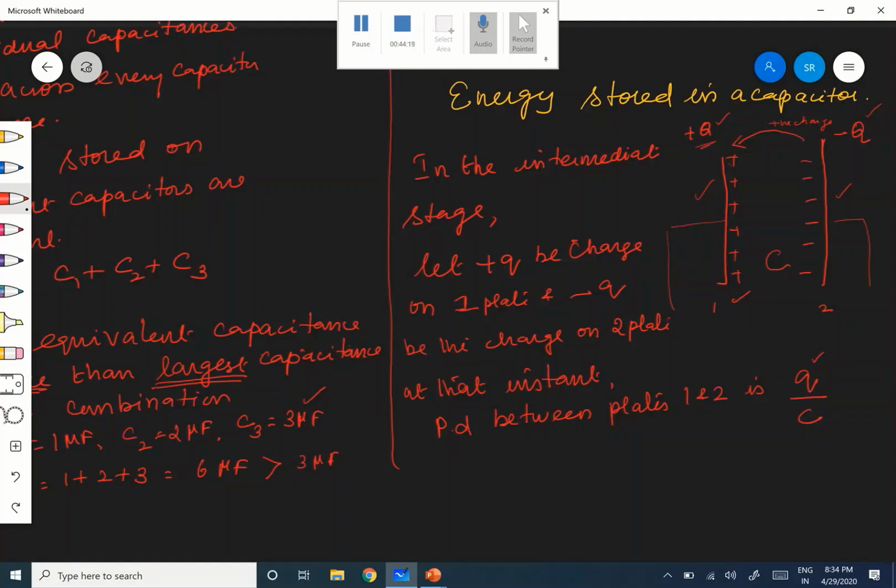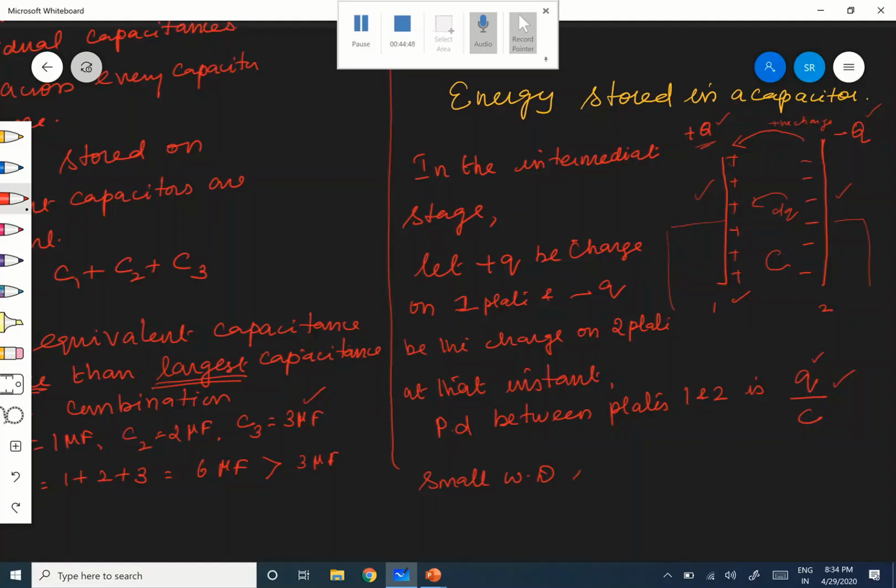Now if I want to transfer dq amount of charge from plate 2 to 1, when the potential difference is q by C, I want to add some more charge dq from 2 to 1. Therefore some work has to be done.